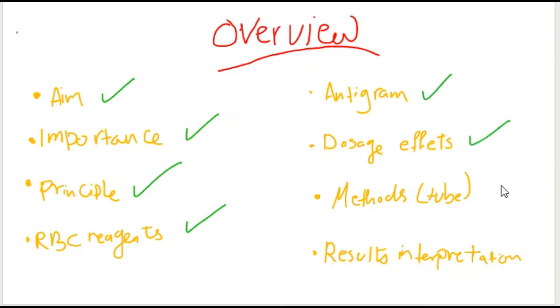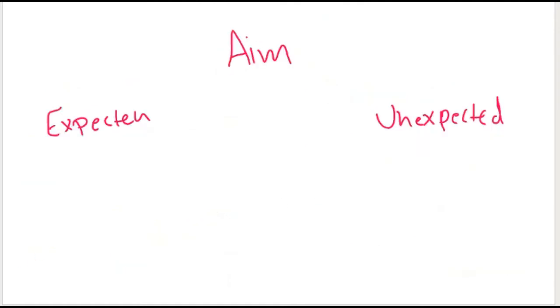We will talk about methods that we can use to do the antibody screening test, but we will focus mainly on tube methods. Finally, we will discuss some results of the antibody screening test. So let's start.